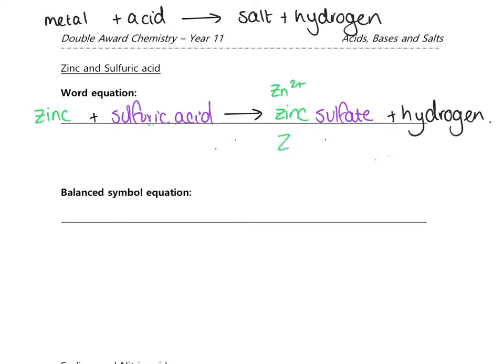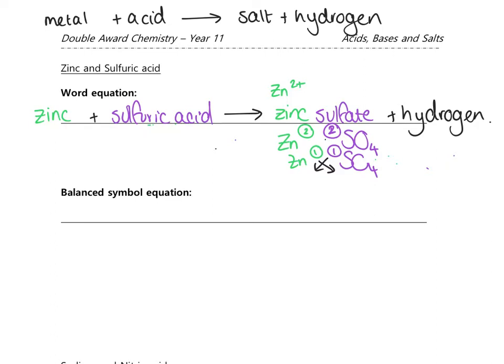So zinc has a valency of 2. Sulfate is your SO4 with a valency of 2. Those valencies cancel down to 1 to 1. And then when we swap and drop, we'll end up just with ZnSO4.